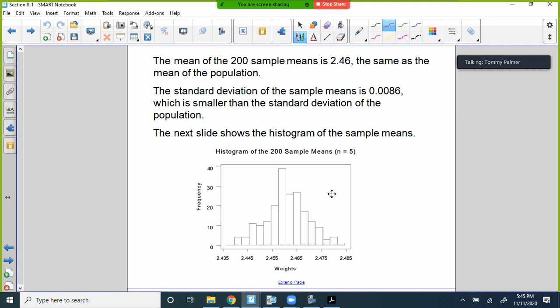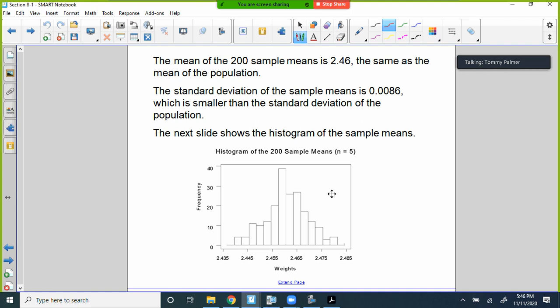So what we're basically doing is the mean of the sample is going to be equal to the mean of the population, and then we're going to have to calculate the standard deviation of it. Okay, so that's really what we're going to do now.